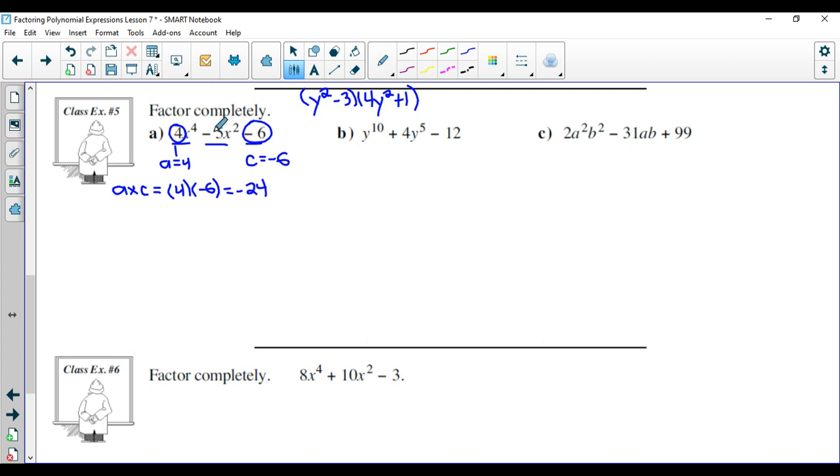So what I need is two numbers that are going to add to give you negative 5, and then multiply to give you the product a times c. So those numbers would be negative 8 and positive 3. We can confirm that. So negative 8 plus 3 would be negative 5. And then negative 8 times 3 would be the product a times c, which is negative 24.